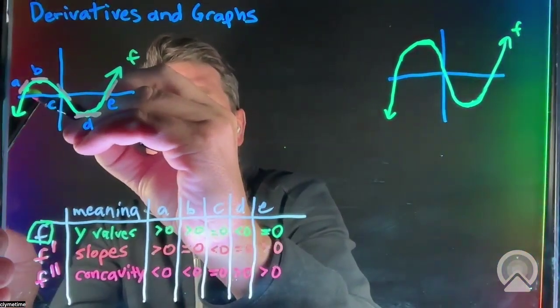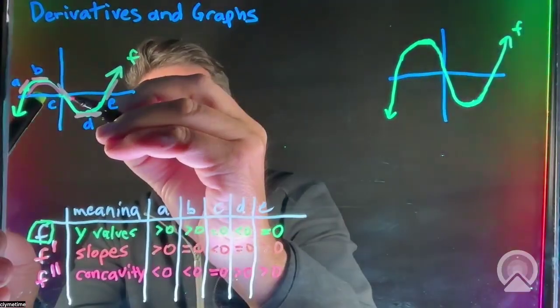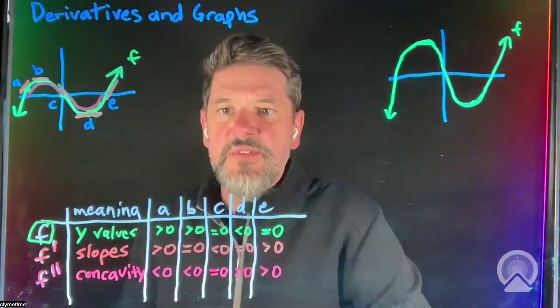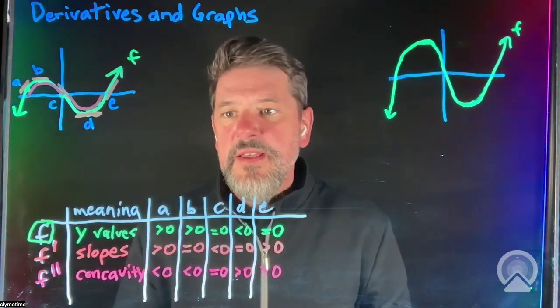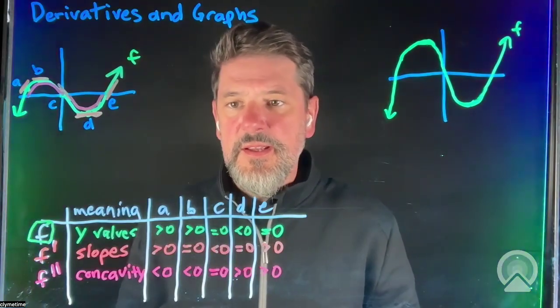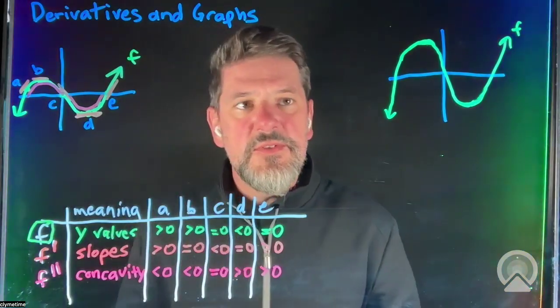So I think I might actually just show the concavity like this. Okay, and you can see that there the bowl is facing down, and here the bowl is facing up. All right, and there's the concavity. All right, so that is taking a look at the different derivatives and how they're related to the original graph.